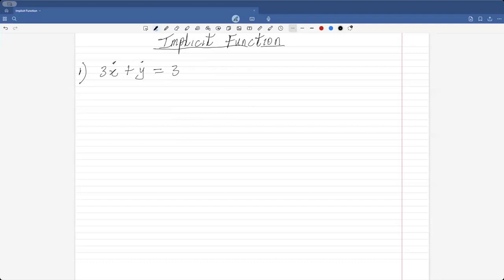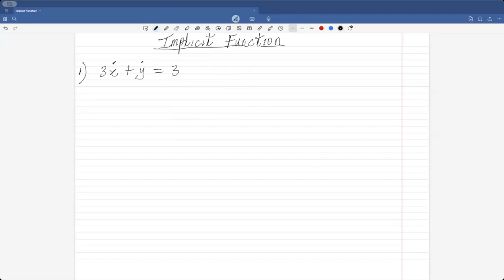So in this case, since y has been introduced to this function, it is known as an implicit function. Every other function we've been differentiating in the past videos is known as an explicit function.